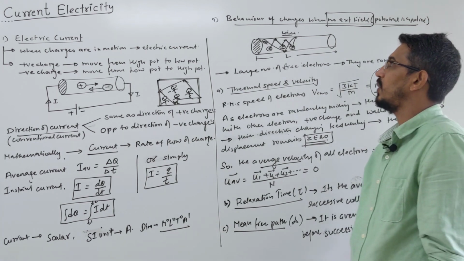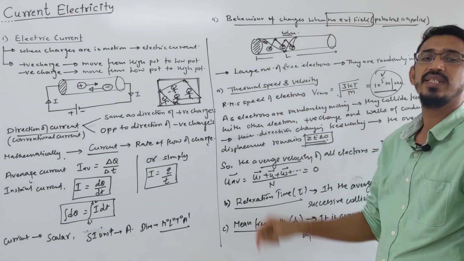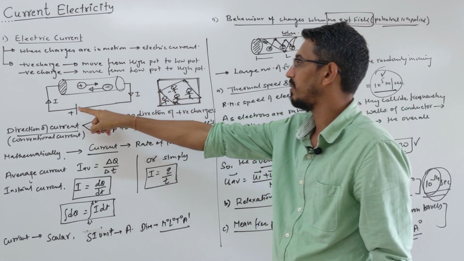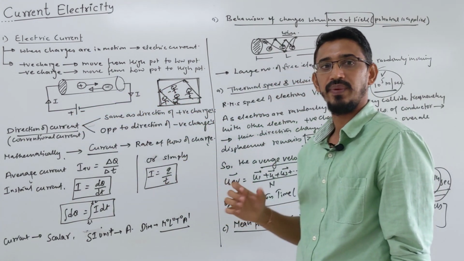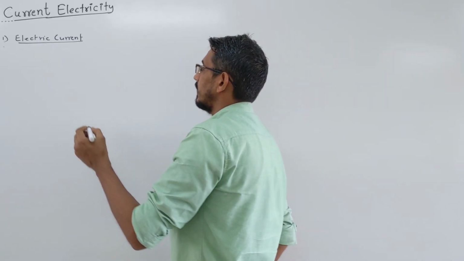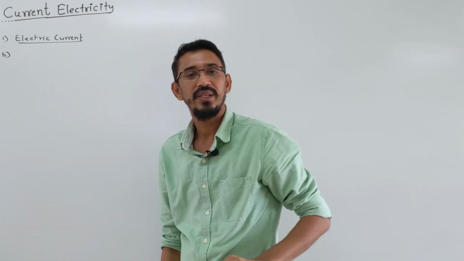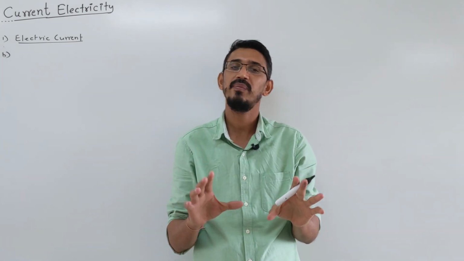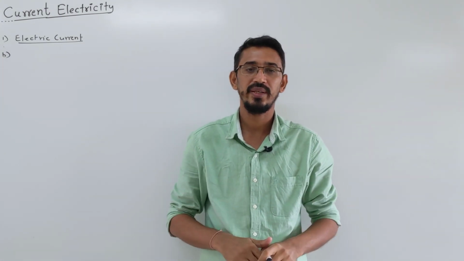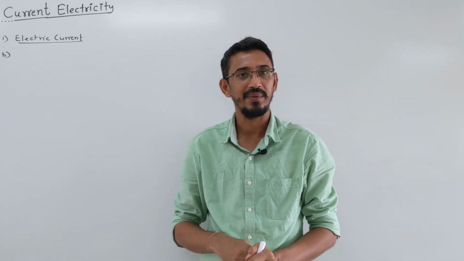Okay, so now we will apply a field to this wire, meaning we will connect this wire to a battery like this, then we will see what happens. Now we are seeing the second side. First we took just a wire with no external field or potential, and we saw how these electrons behave.